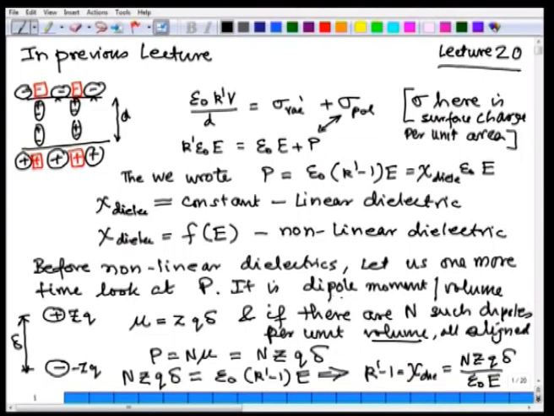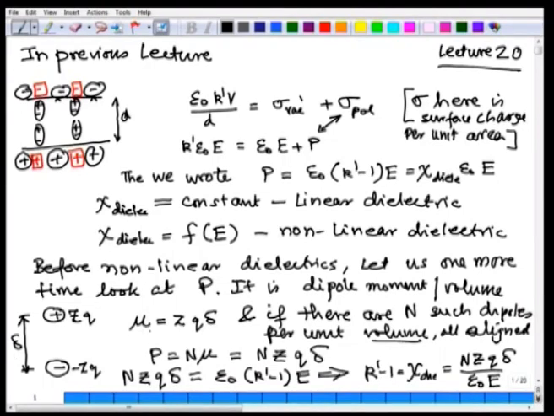If there is a dipole with plus and minus charges, where Z represents the valency and Q is the fundamental charge of an electron, then plus ZQ and minus ZQ are these two charges separated by a distance delta, and the dipole moment is defined as ZQ delta.